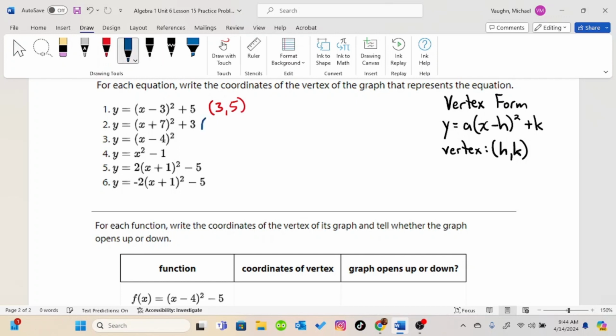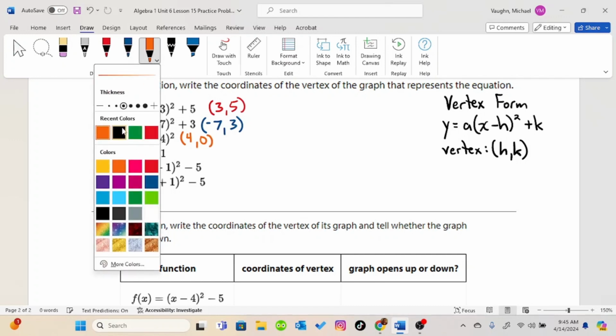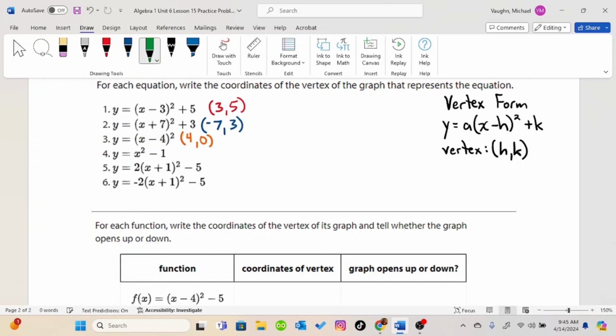Number 2, we would have negative 7 because it's minus h, and 3 because it's plus k. Number 3, minus h means we have 4, plus k means we have 0. Number 4.